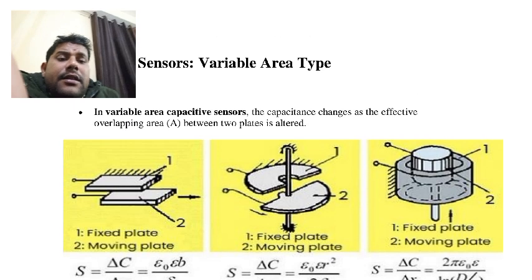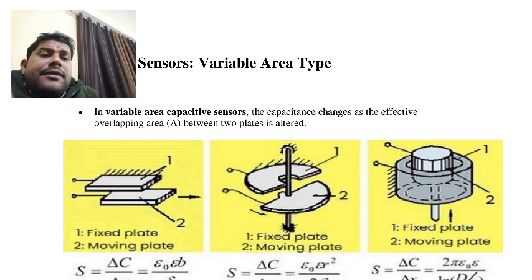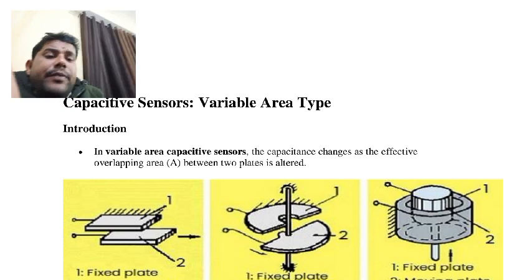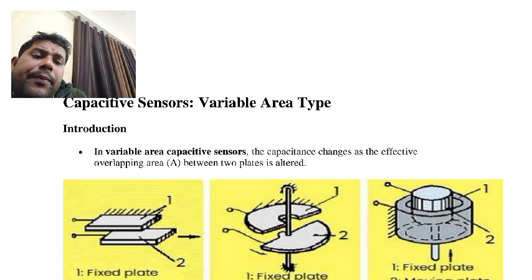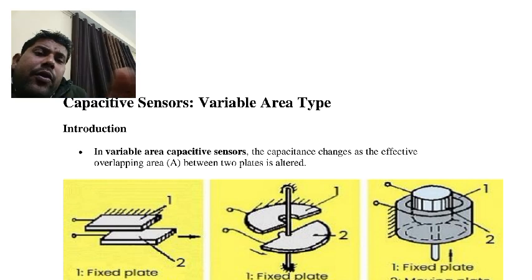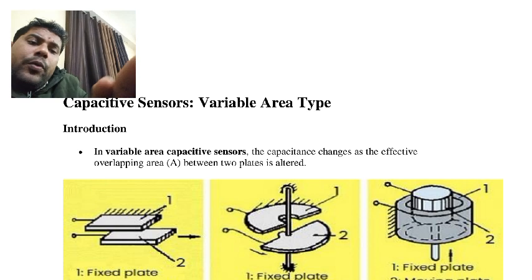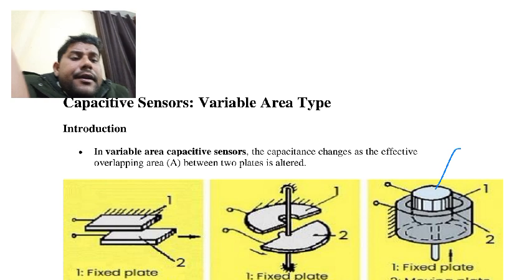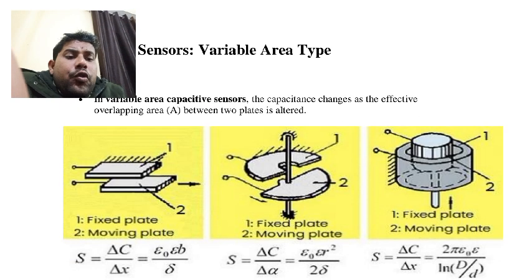Suppose that this is the first moving plate, and A is the overlapping area. If we move one plate in the horizontal direction, the overlapping area changes. We can also rotate the plate, and the overlap area also changes.